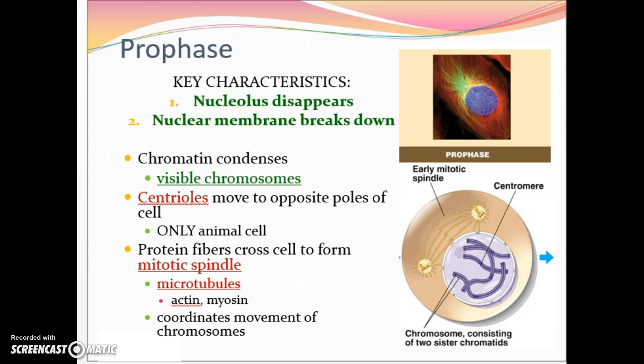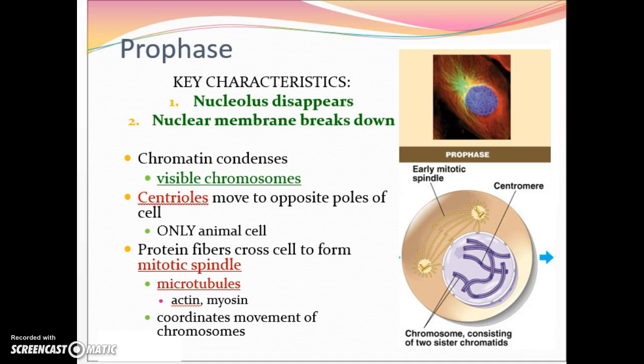So the first step of mitosis is prophase. And the key characteristics of prophase are that the nucleus disappears and the nuclear membrane breaks down. So you're going to need to have these key events memorized for each of the steps of mitosis. So make sure you get that clear if it's not yet.